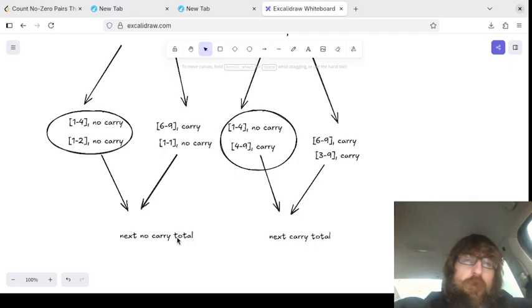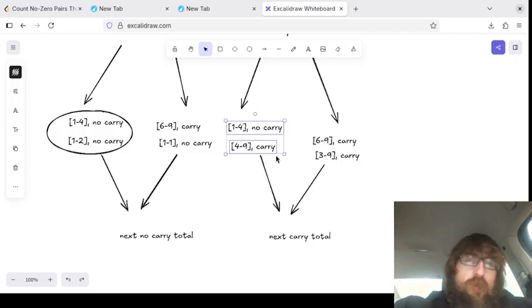And these are going to affect the next no carry and the next carry. But yeah, this is the no carry case for the previous digit. And then considering no carry or carry, depending on which range of digits I select, which I mentioned.